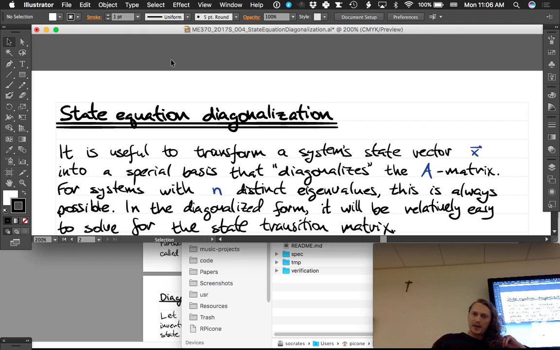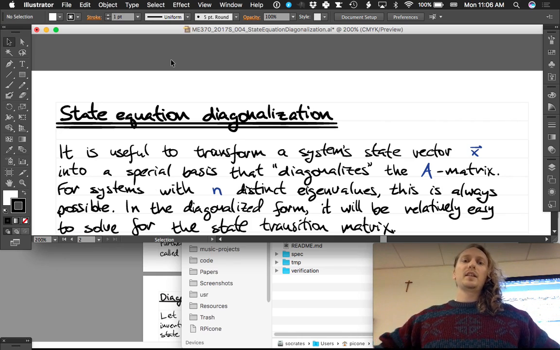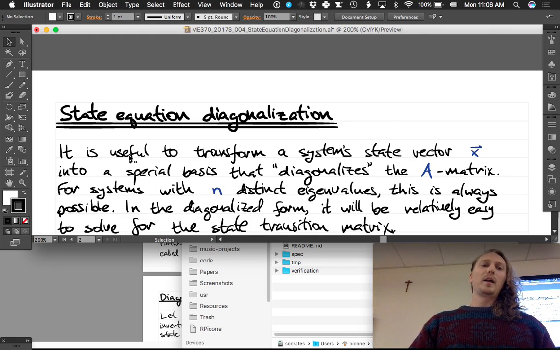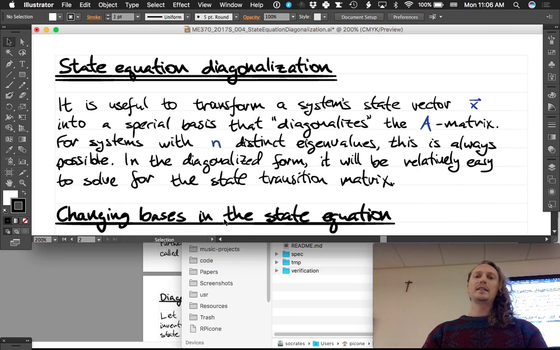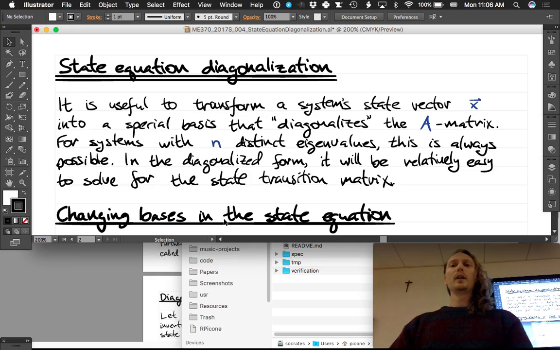So it's useful to transform a system's state vector x into a special basis that diagonalizes the A matrix. For systems with n distinct eigenvalues, this is always possible. In a diagonalized form, it will be relatively easy to solve for the state transition matrix.